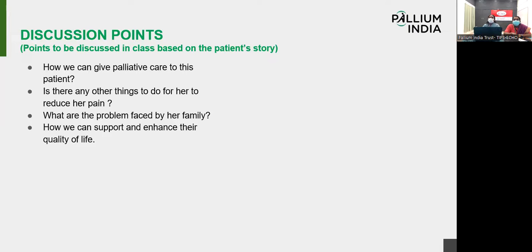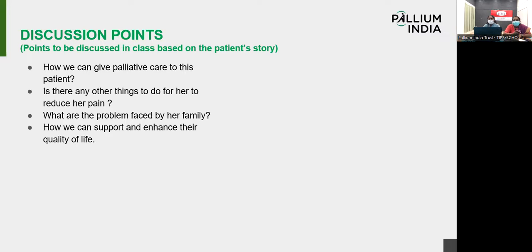If there is a psychosocial problem, definitely the severity of pain will increase. So if there are psychosocial issues, we need to do a proper assessment and try to resolve their psychosocial issues as much as we can. That way we can reduce their psychosocial and spiritual issues, and along with that you can give physical pain management too.